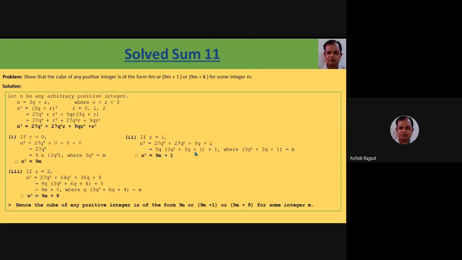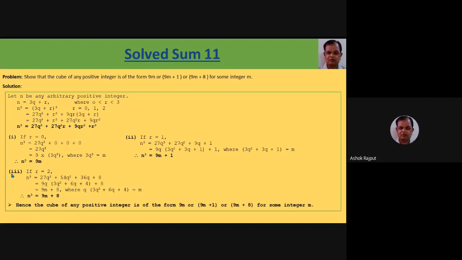We take 9 common, so it is 9q(3q² + 3q + 1) + 1. Let m be 3q³ + 3q² + q. So n³ is in the form of 9m + 1.